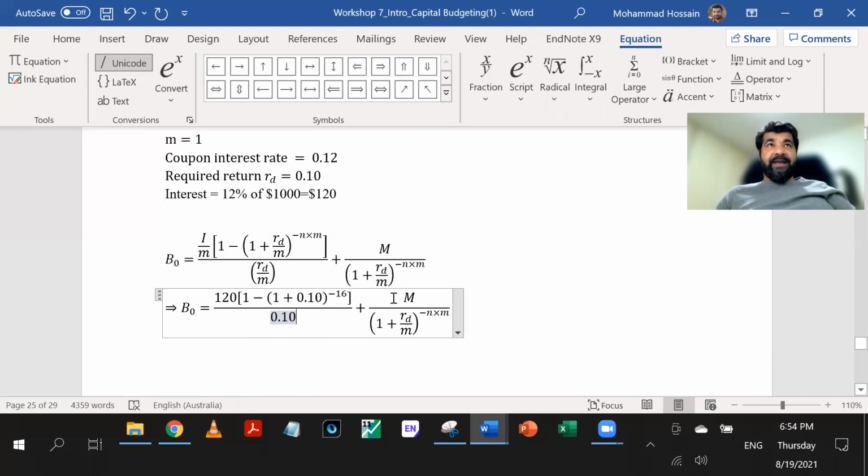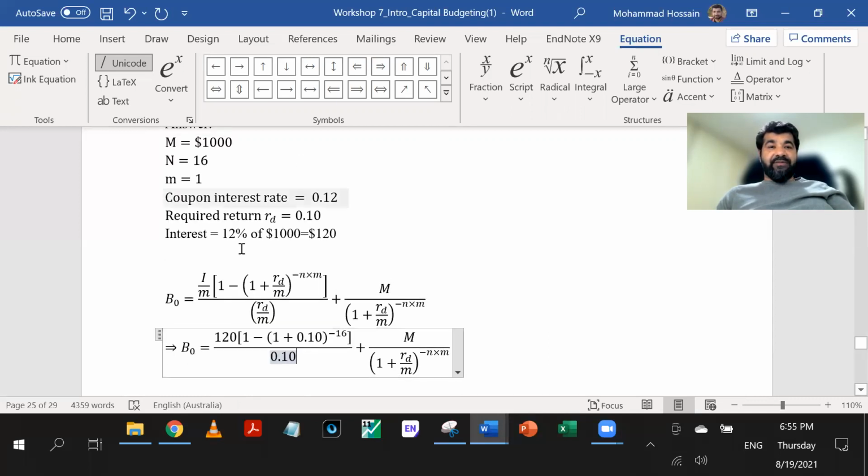So here the M, the initial investment that you have, 1,000, one plus RD by M. RD by M you can write down here as 0.10, minus 16. That should be good.